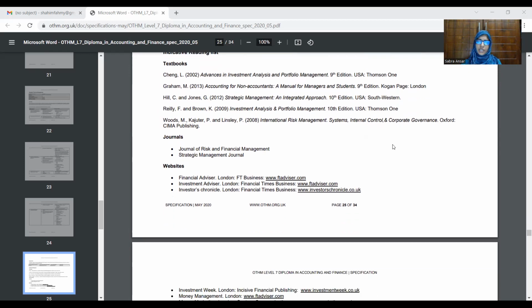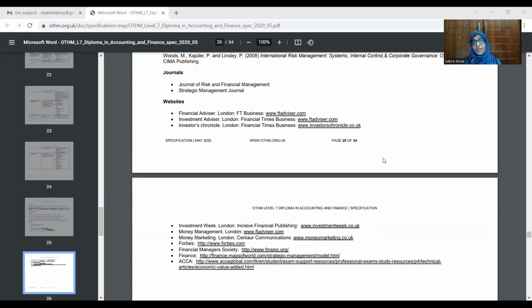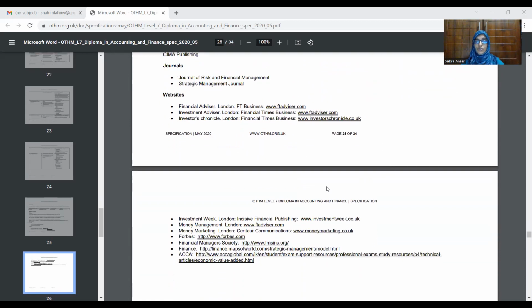There are 2 types of journals that you can refer to, and even websites, obviously very easy to access, where you can understand certain sections with real-time data, or information about what's happening in the business world, which will make you relate what you learn in this lesson to a business perspective.